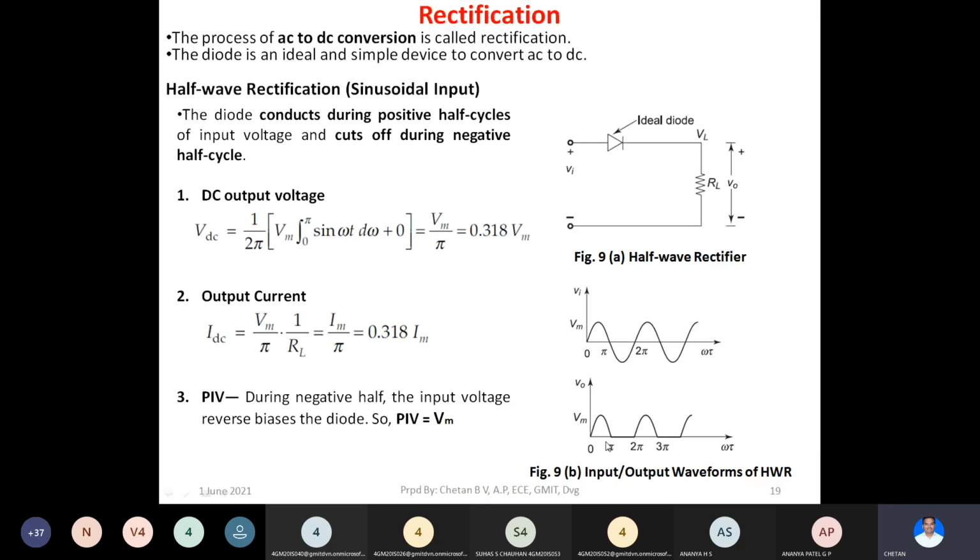How to derive this we discussed in the last class. So this VDC will be around Vm by pi for this half wave rectifier. VDC is the DC output voltage, or mean or average output voltage.